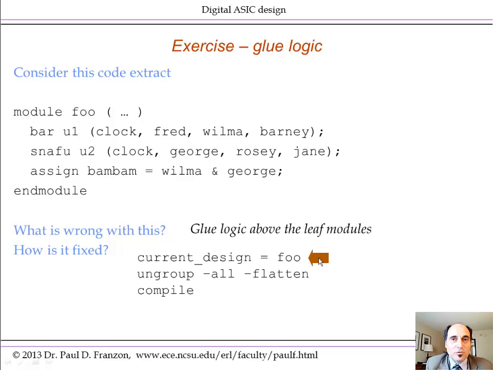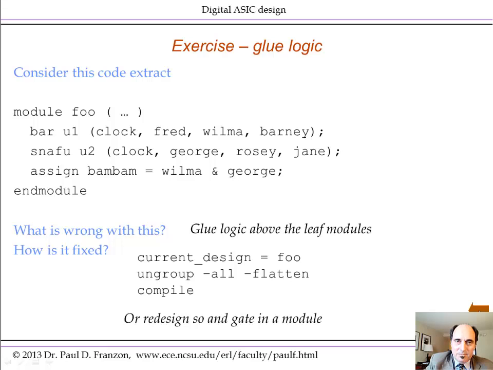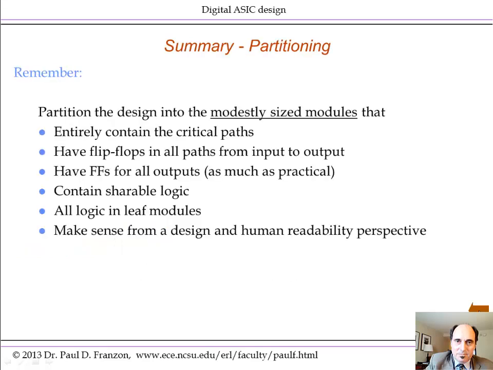So that brings us to the end of this particular instructional module. I remind you, in general, you want to partition the design into modestly sized modules, a few pages of code, a few thousand gates. It's important to make sure that the critical paths are contained within one module, and that from all inputs to all outputs of a module there is at least one flip-flop.